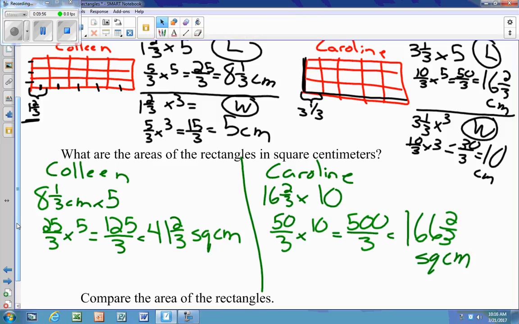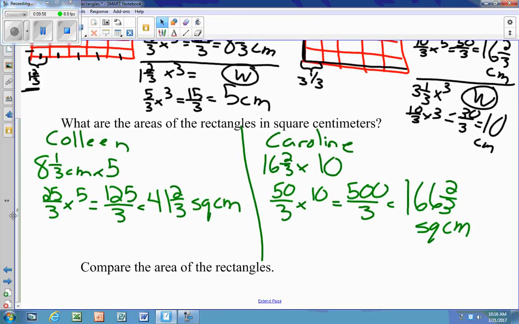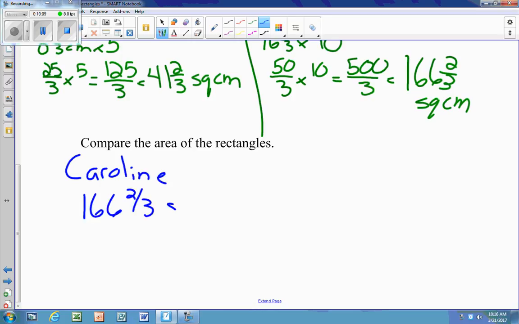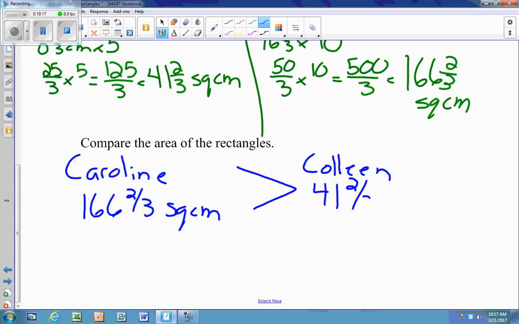And now we have both of their areas. And when we go down to the bottom, where we have to compare them, we see that Caroline, who has 166 and 2/3 square centimeters, is greater than Colleen, who has 41 and 2/3 square centimeters.